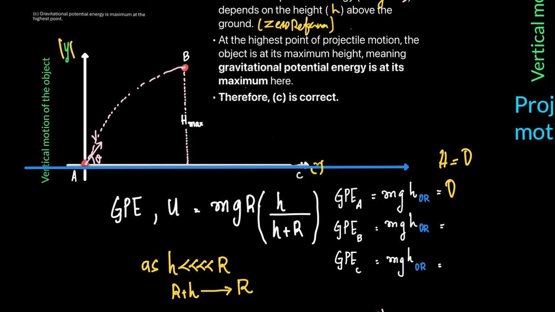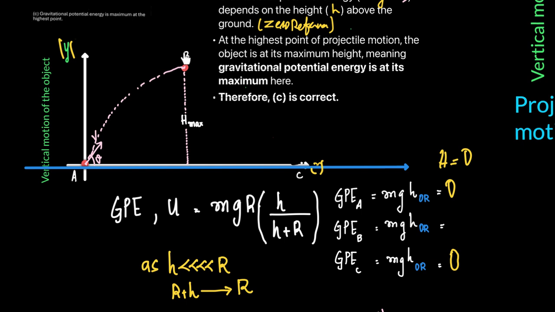Similarly, when it comes to C, what is the gravitational potential energy at C? It is equal to m into g into height of this point C with respect to the zero reference. And where is C located? C is located exactly on this zero reference, and therefore the height is also equal to 0, and therefore the gravitational potential energy can be assumed to be 0 here.